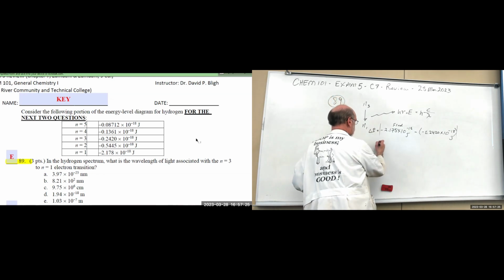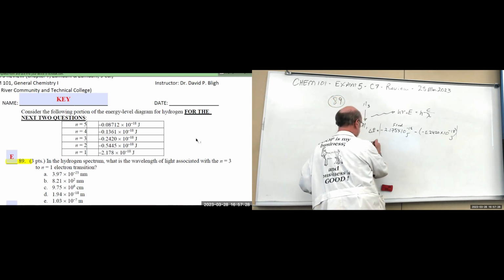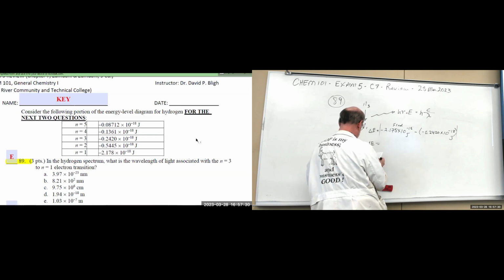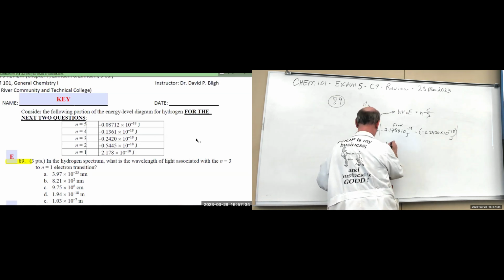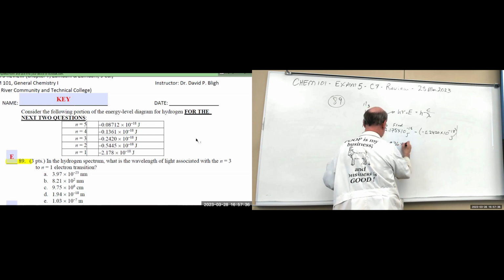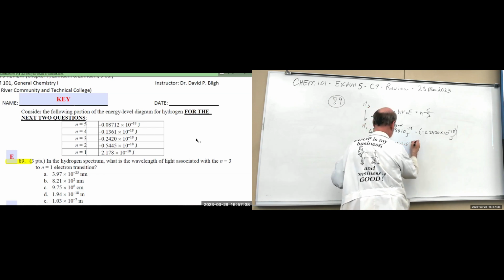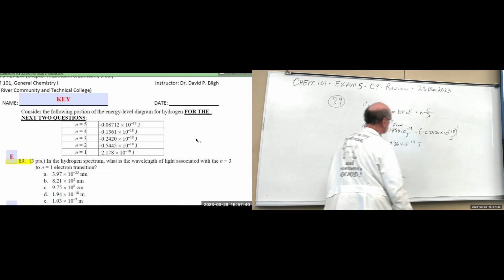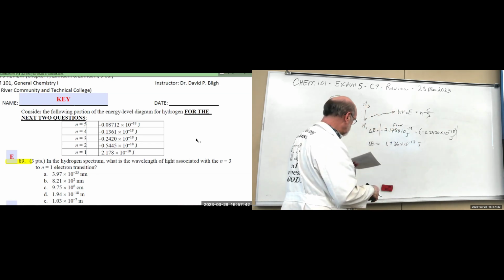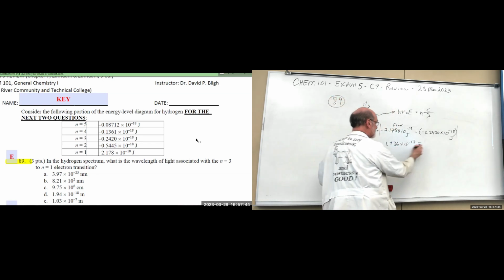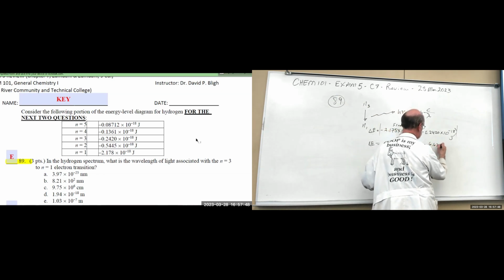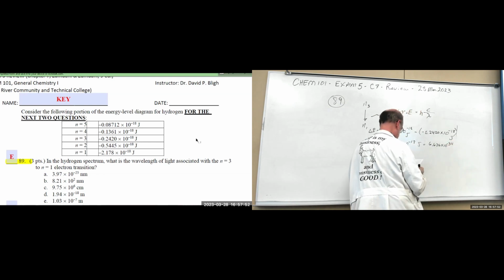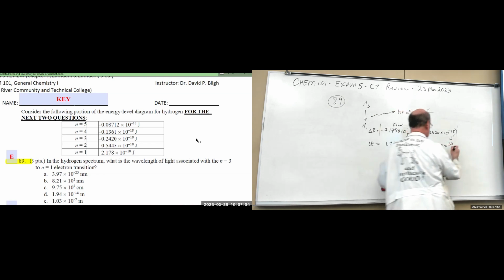Right. So the absolute value of that expression is 1.936 times 10 to the minus 18 joules. Okay, and this is equal to Planck's constant, 6.626 times 10 to the minus 34, I believe, joule seconds.